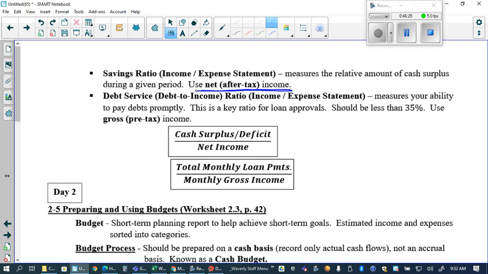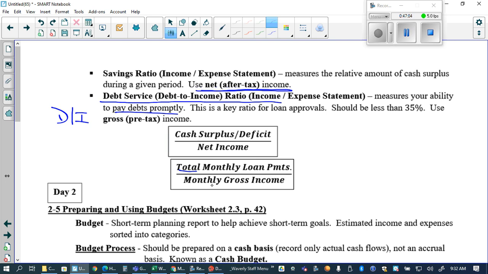Now one big one that the banks use, and I used this all the time when I was a loan officer evaluating loans, is the debt to income ratio. They call it debt service. We used to just call it the DTI. That's an important one, especially if you want to get a loan. It measures your ability to pay your debts promptly, your monthly debt payments. When I calculated them at the bank, I would add in the payment on the new loan. So you take your total monthly loan payments and divide it by your total gross income.